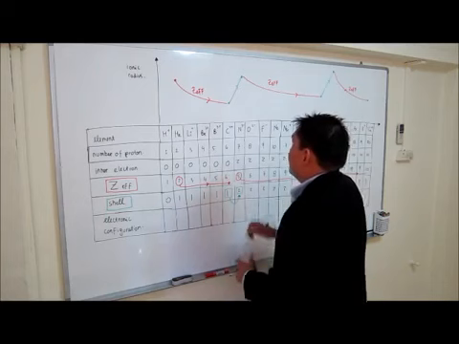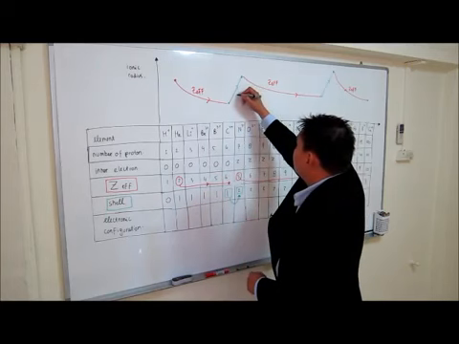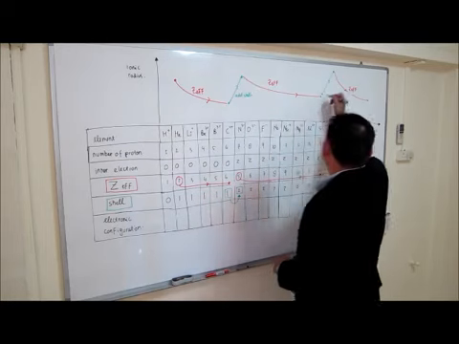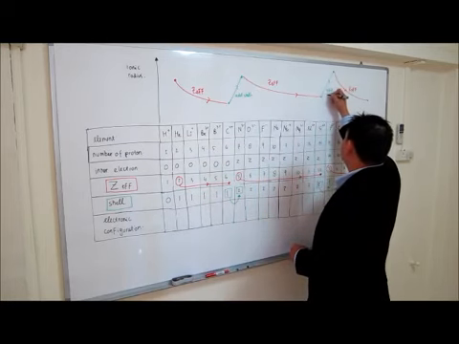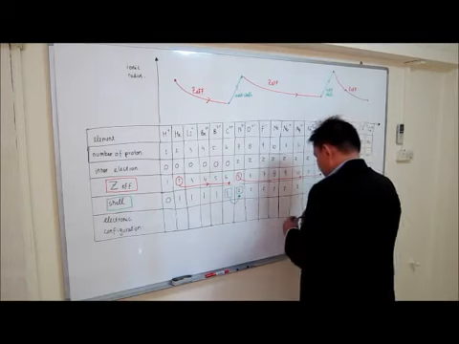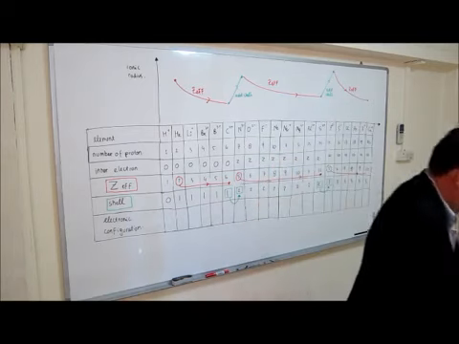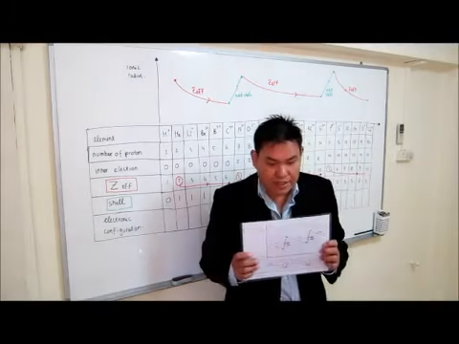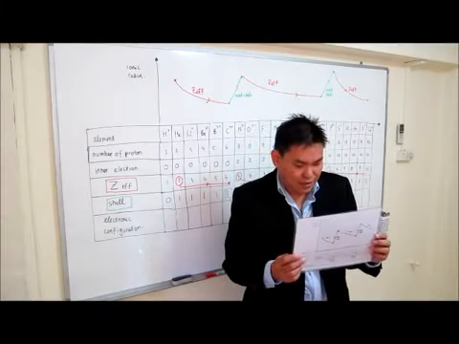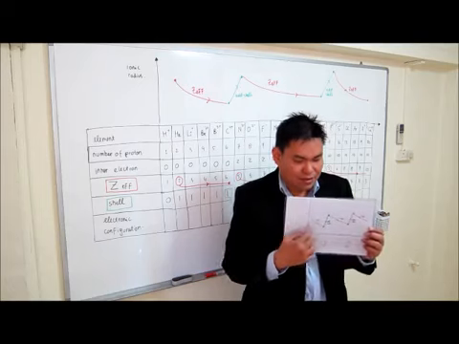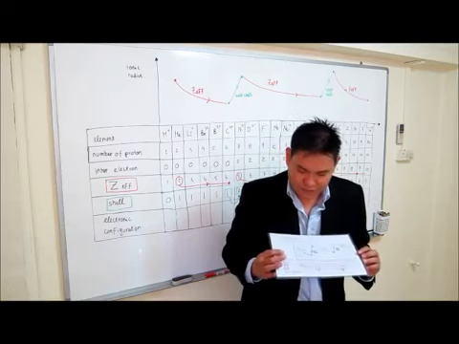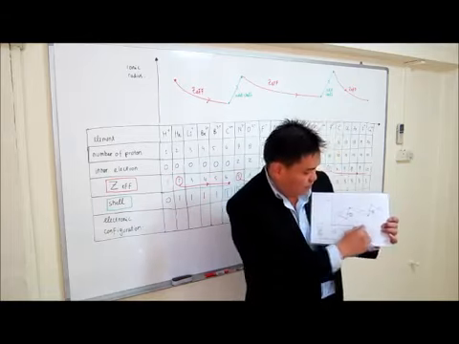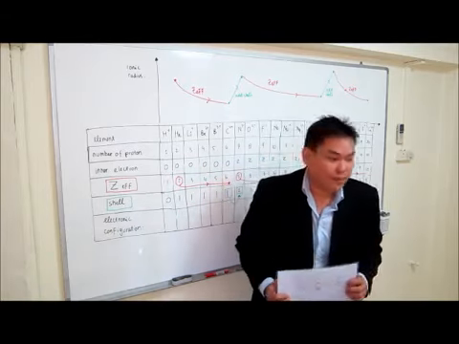We can provide the explanation here also: this is because you add more shells. So if you do it correctly, you will get something like this. Yeah, this is a graph of the ionic radius against the elements.